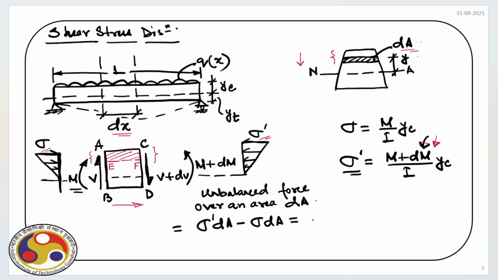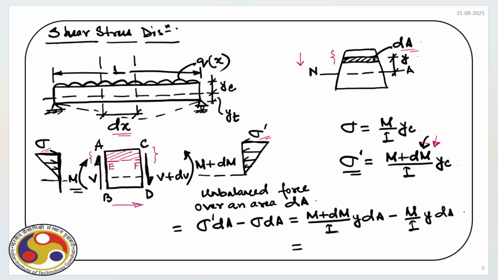For sigma prime, we can write M plus dM divided by I times y, because this is at a distance y from the neutral axis, times dA, minus M by I times y times dA.